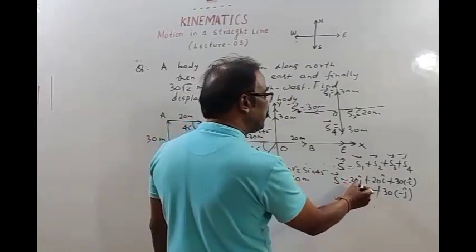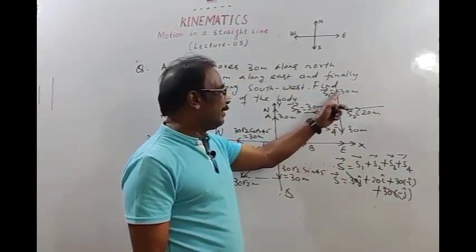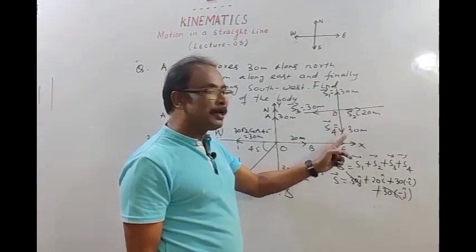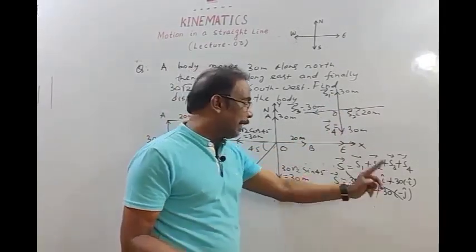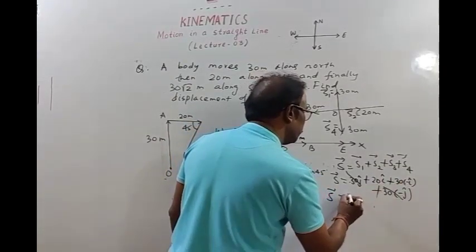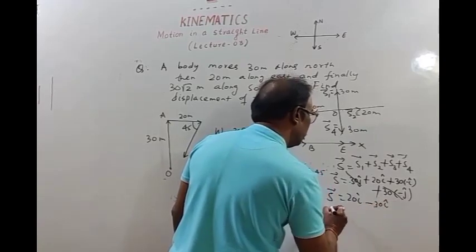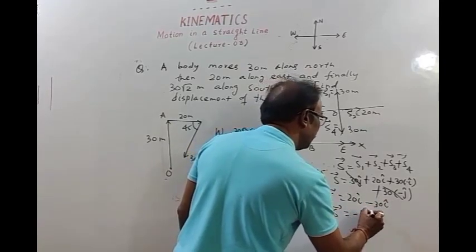30 j cap minus 30 j cap cancel each other, means 30 meter towards north and 30 meter towards south give 0 resultant. Then the resulting displacement is minus 20 i cap minus 30 i cap, so minus 10 i cap.